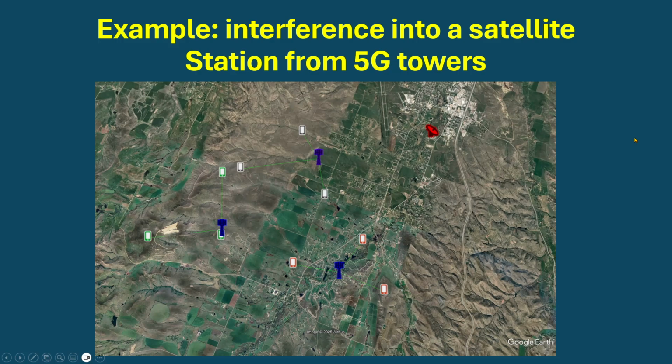Here you can see a problem of interference from a cluster of base station 5G towers into a satellite station. Each of these towers here is paired with three mobile units that are moving around these stations randomly, and the emissions from this setup will create interference in this satellite station, and we want to evaluate that.